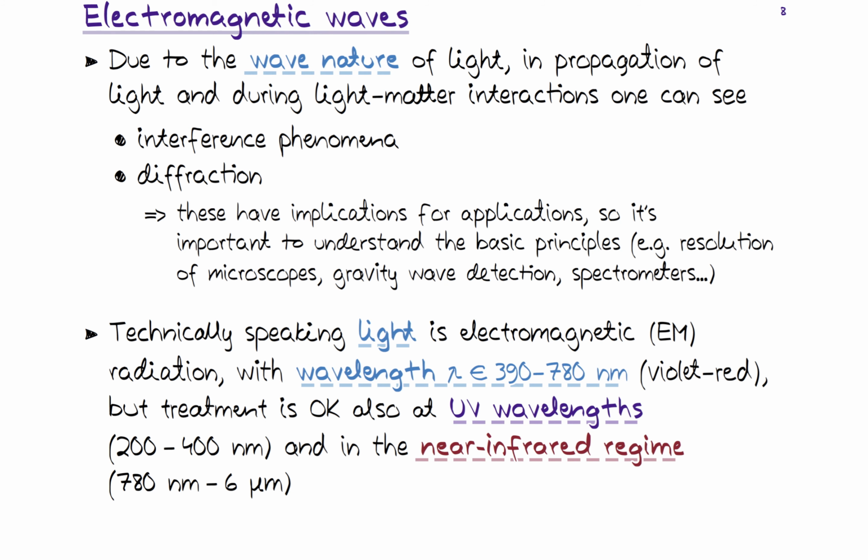So even though technically speaking this course is focusing on light, in the wavelength range of 390 to 780 nanometers, we can slightly extend this beyond, so that the treatment will also be fine for UV wavelengths and the infrared regime.